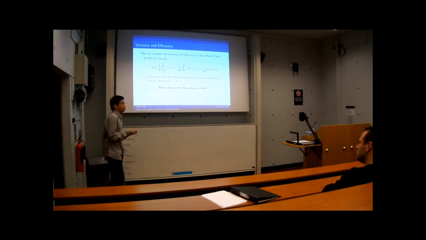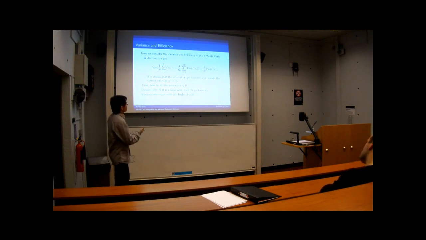Since the variance represents the efficiency of an estimator, if we want this estimator to be good, we want the variance of this estimator to be small. Then how to make the variance small is the question. We consider 2 ways. The first way is to choose a large n.